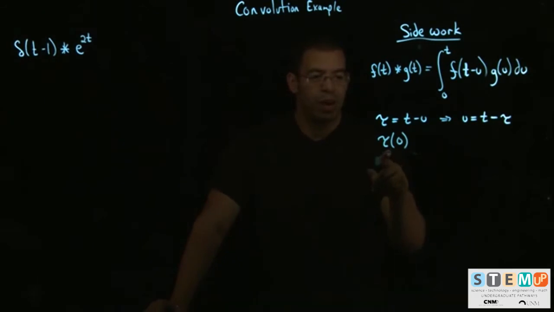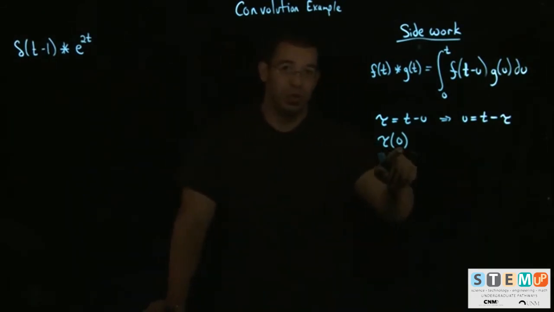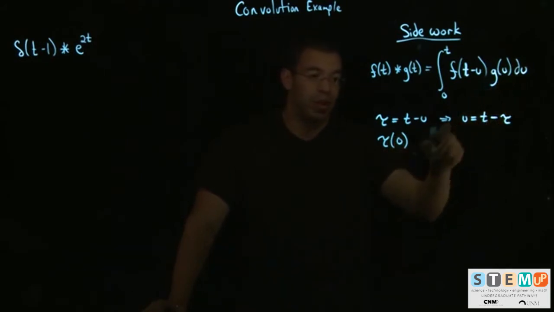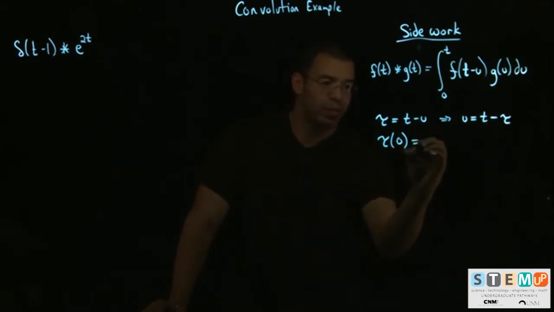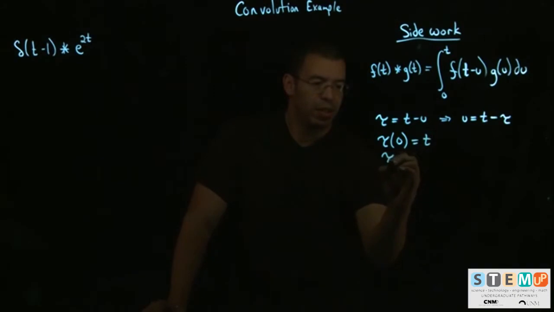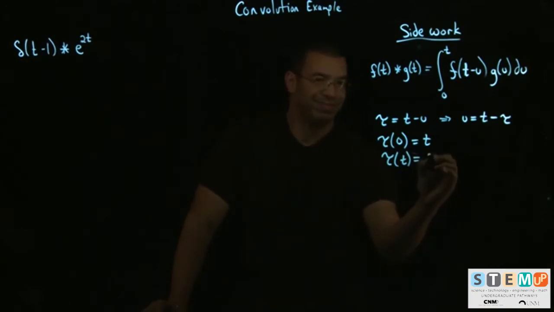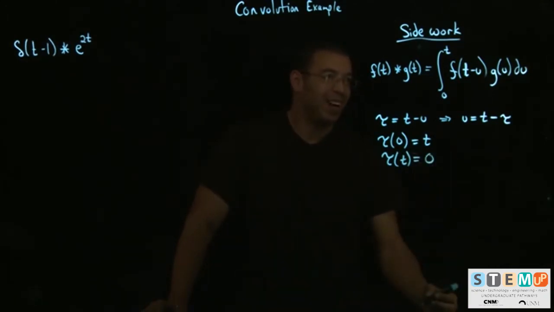So tau, when u is equal to 0, is just t. Tau, when u is equal to t, is equal to what? Just 0.